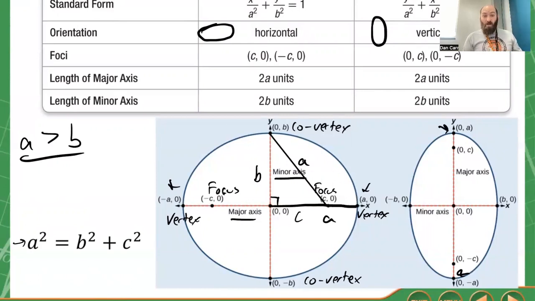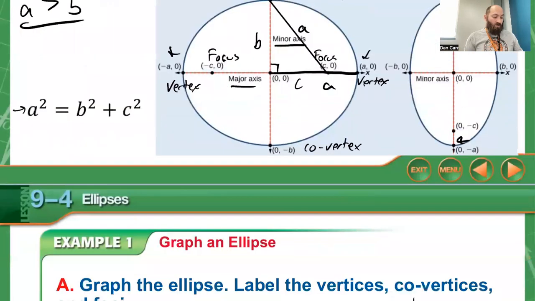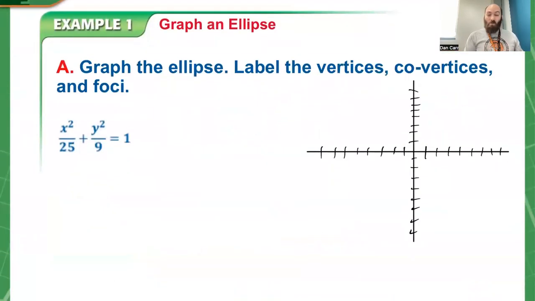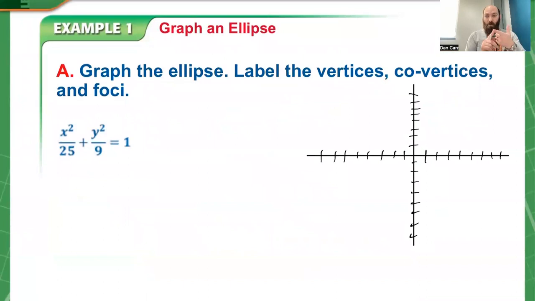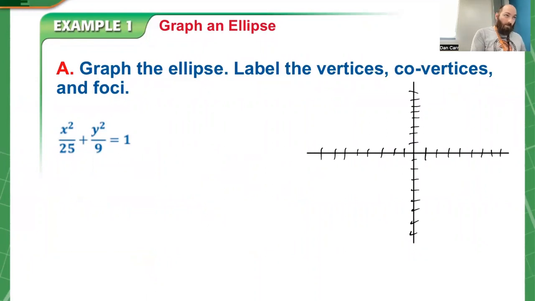So when we try to model our ellipses and graph them, that's what's important: vertices, co-vertices, and foci. Remember, the vertices here are on my major axis because it's the larger number, which is under the x. The graph of this ellipse is going to start at 0, 0.